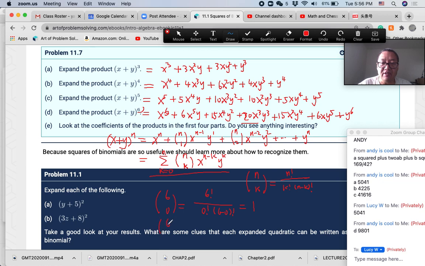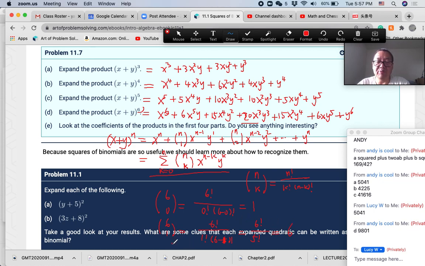Then second one, 6 choose 1. So you get 6 factorial divided by 1 factorial, then times 6 minus 1 factorial. So you get 6 factorial divided by 5 factorial. This one gives you 6.